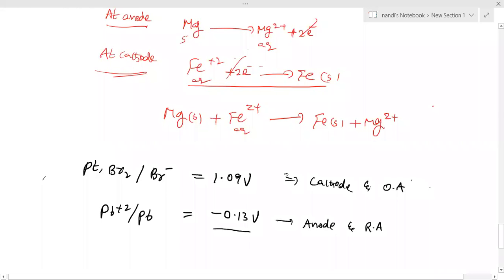You can write reactions also, anode and cathode reactions, write it. At anode oxidation, and cathode reaction you can write.